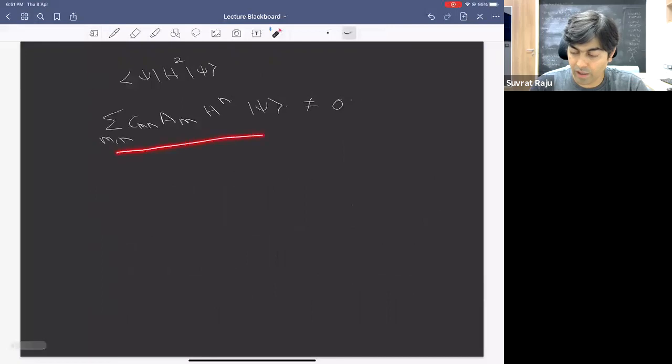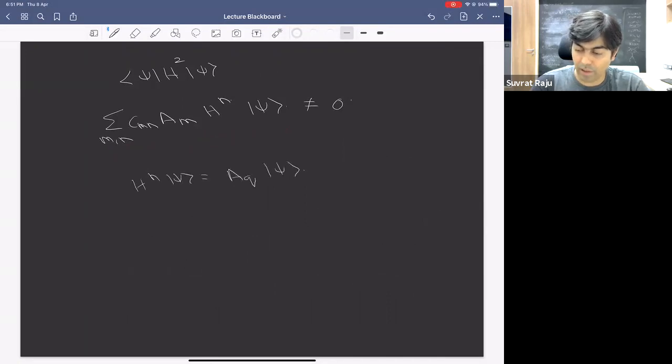If h^n psi itself was some simple operator acting on psi, then we would be in trouble, and this condition would get violated. You would choose c_mn to be something, and then choose a_m to be the identity. So you see this condition would get violated if this happened.